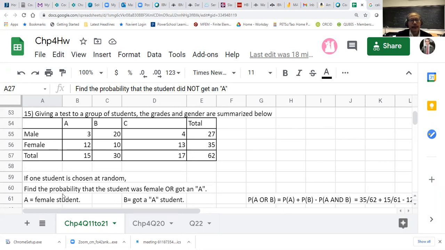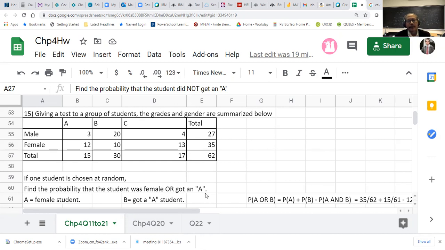This is the probability of female or got A. So we add the probability of female students plus the students who got A and subtract the female students who got A, right?